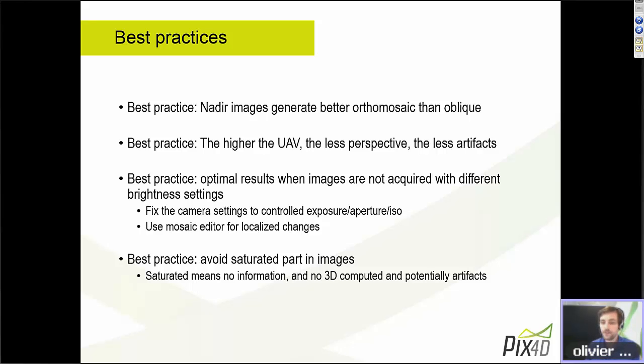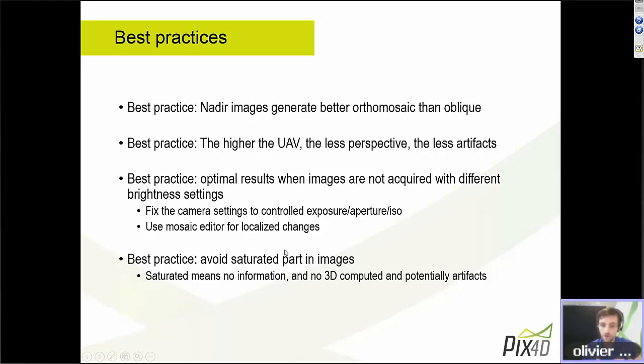And if you have very little perspective, then there's little to correct, and if there's little to correct, there's little possibility to go wrong. And thus, automatically, you would have fewer artifacts. So if the concept is really to get a very nice orthomosaic automatically, we would recommend to always fly as high as possible, of course, with respect to how much ground sampling distance you can get.